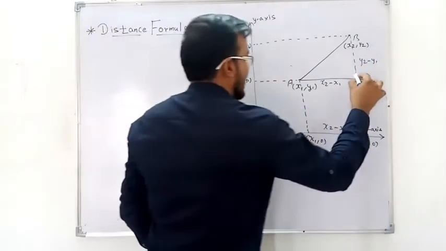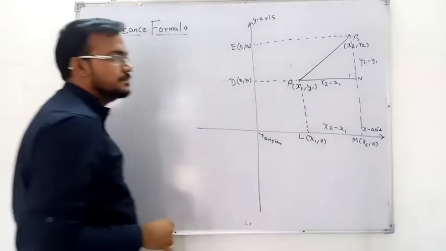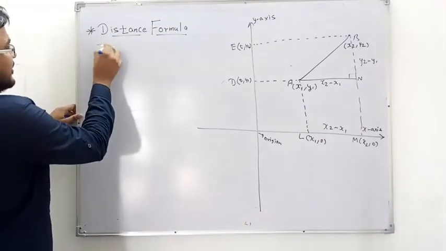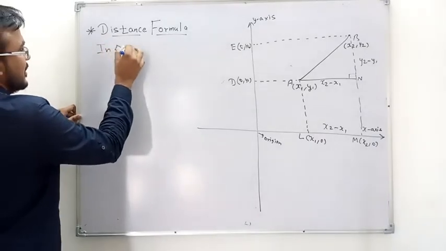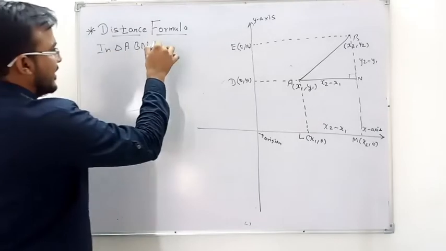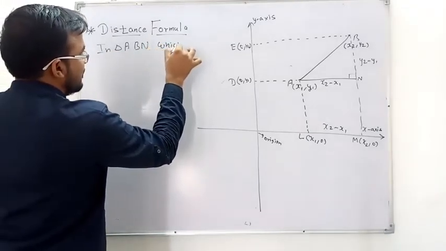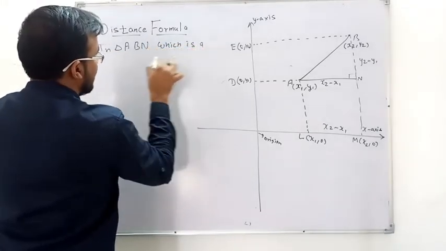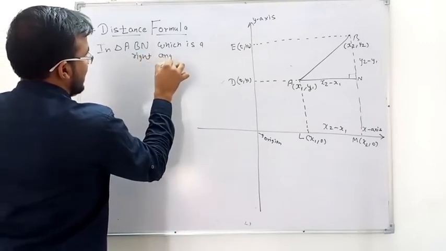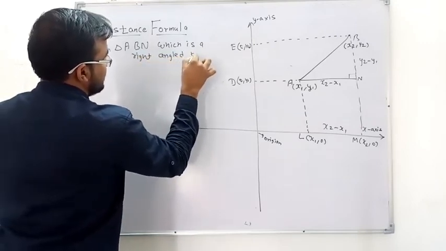Now, ABN is a right angled triangle. So, to derive the formula, we use triangle ABN, which is a right angled triangle.